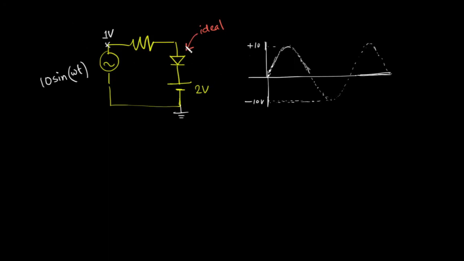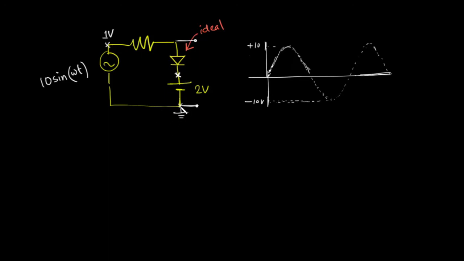The diode will actually be in the off condition. Why is that? Can you think? Because for a diode to turn on, the voltage of the anode needs to be greater than the voltage of the cathode. So what is the value of the voltage of this node?